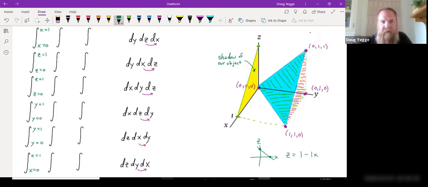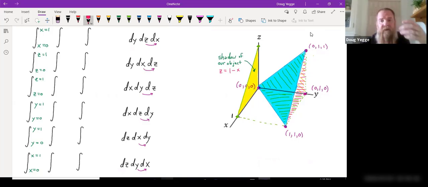So notice that this plane is the plane z equals 1 minus x. In other words, when y is equal to 0, we're going to see the plane z equals 1 minus x.